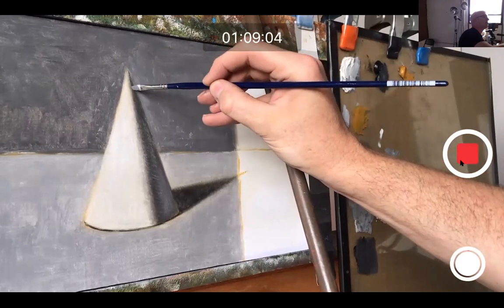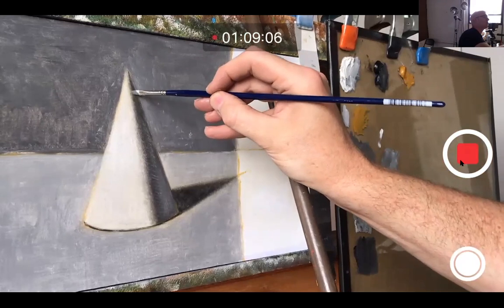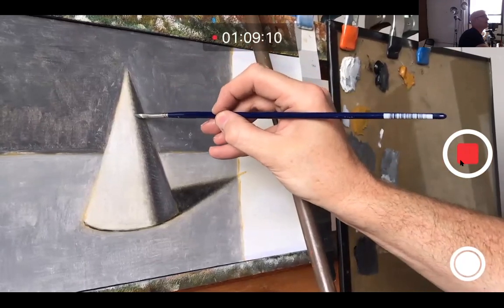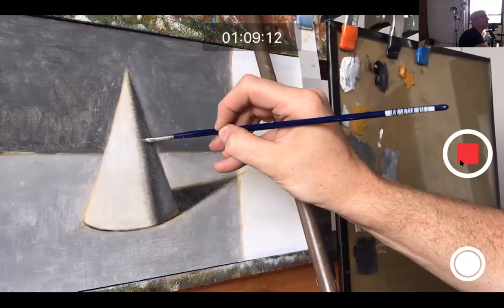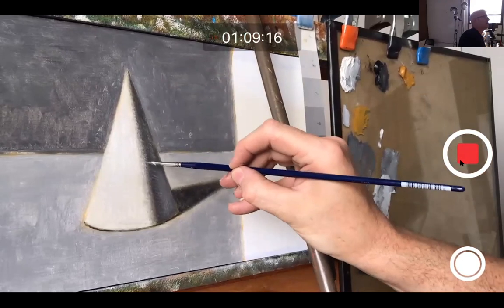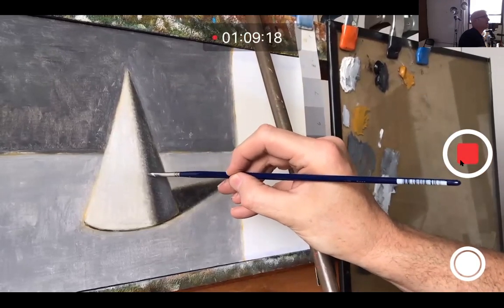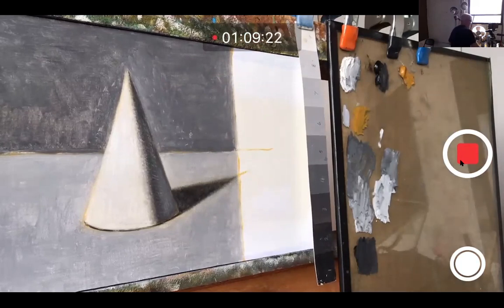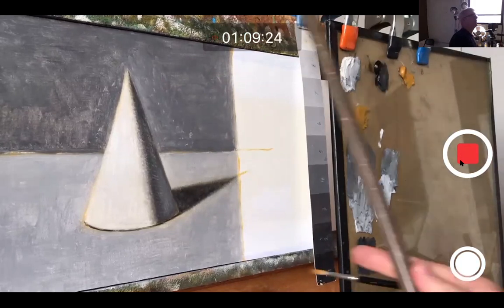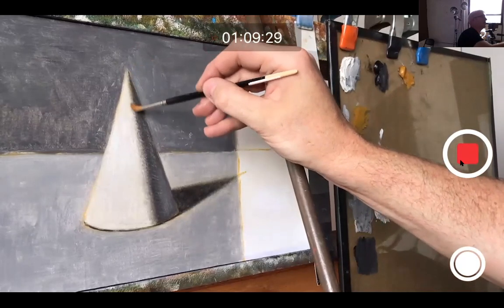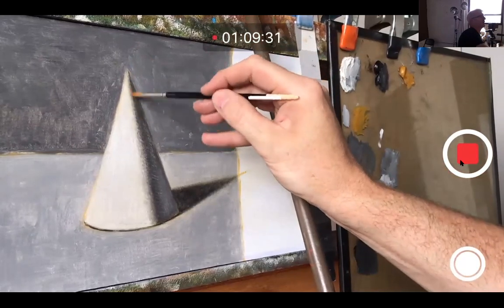So in other words, you can't dip a brush that is dirty with a very dark value into paints that you want to use for a lighter value, because the paint that's on the brush is going to pollute the paint that you're trying to lay down. So you want to keep a clean brush.